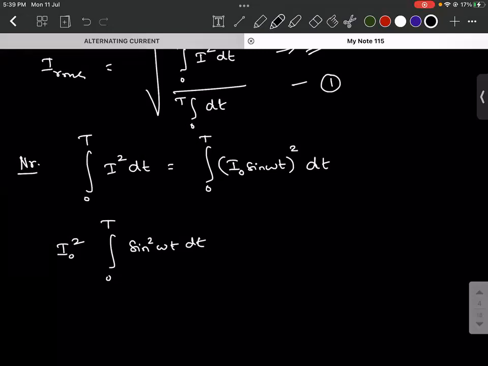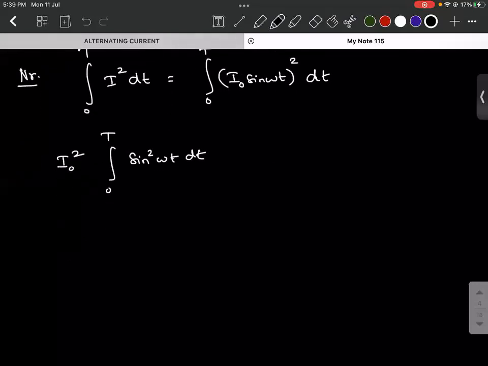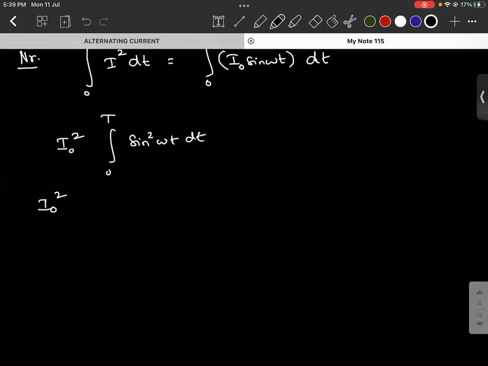Yes. The next point is, you don't have a direct integration for sine square omega t, so you need to do some manipulations to arrive at that step. Integral of 0 to T sine square omega t, you can write as 1 minus cos 2 omega t divided by 2, times dt.